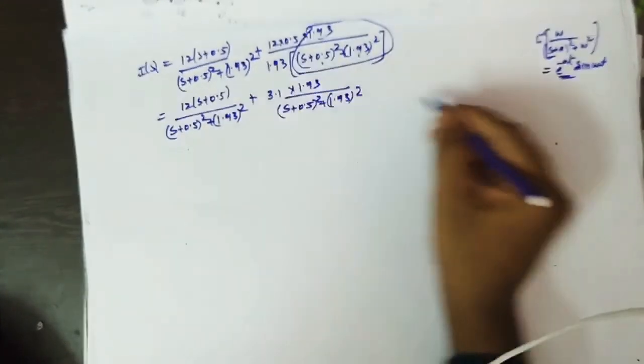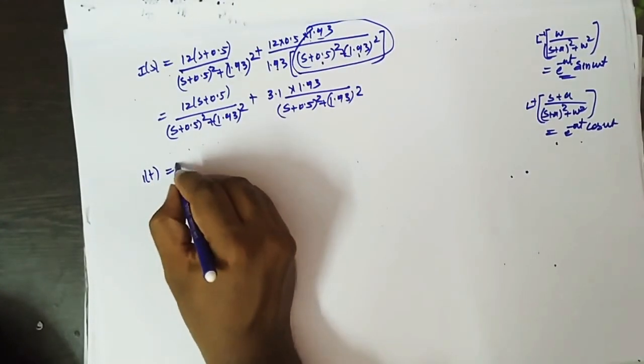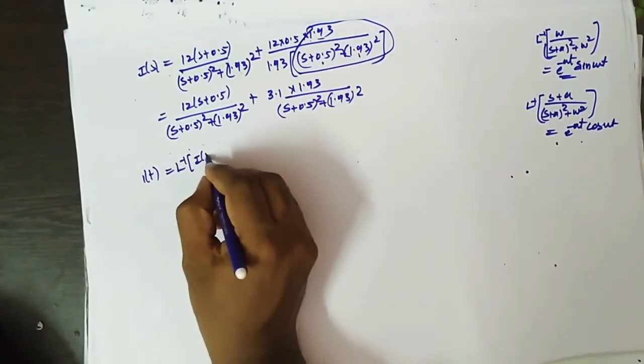So this is in the format of the inverse Laplace of s plus a by s plus a whole square plus omega square, which gives e power minus at cos omega t. Therefore use this inverse Laplace transform to transform this equation to the time domain, that is I of t equals Laplace inverse of I of s.